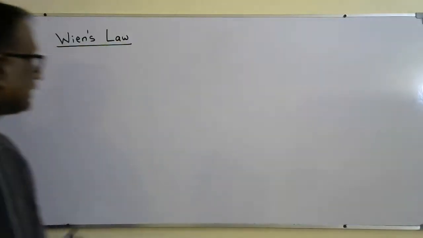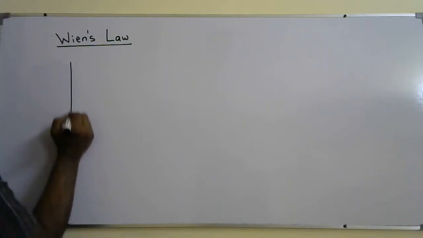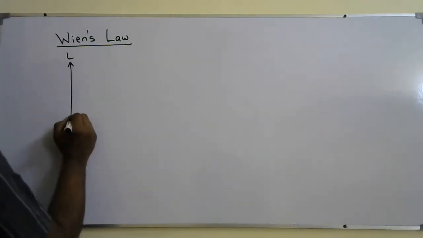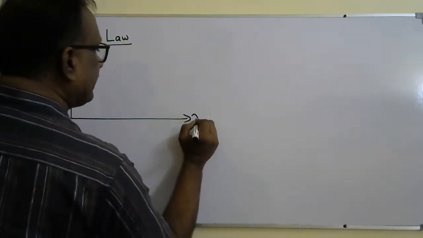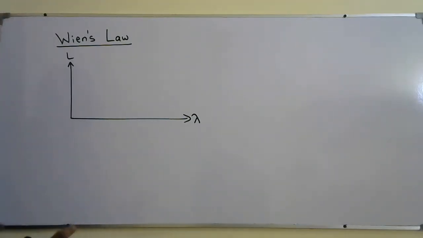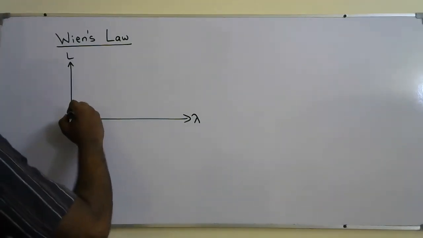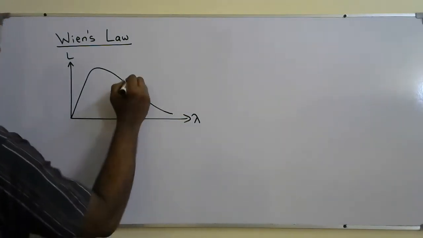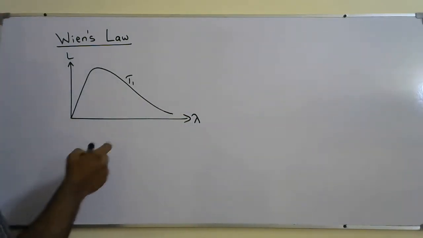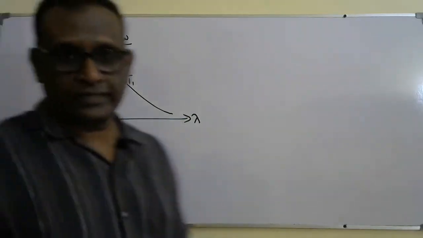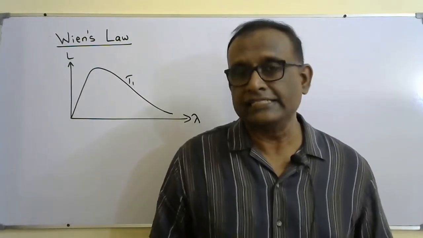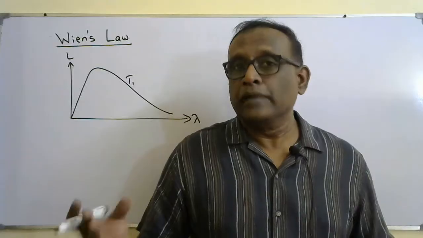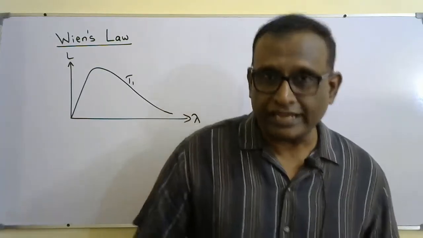For example, at a particular temperature, if I draw a graph of luminosity against wavelength of the emitted radiation, the distribution will be something like this. At a temperature T1, the electromagnetic radiation emitted by the black body will have a range of wavelengths.